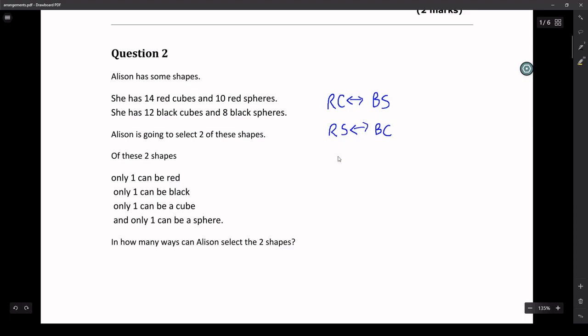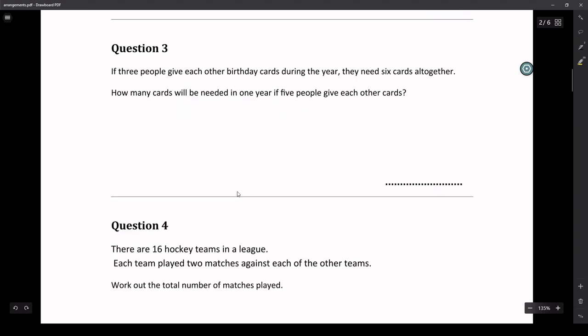So if we think about the number of ways, she has 14 possible red cubes, followed by 8 possible black spheres, and 10 possible red spheres, followed by 12 possible black cubes. So in this case, we end up with 112 ways of doing that, 120 ways of doing this, so the total is 232 ways of doing it.